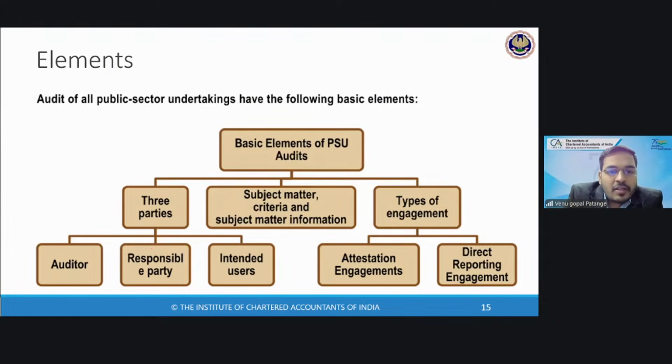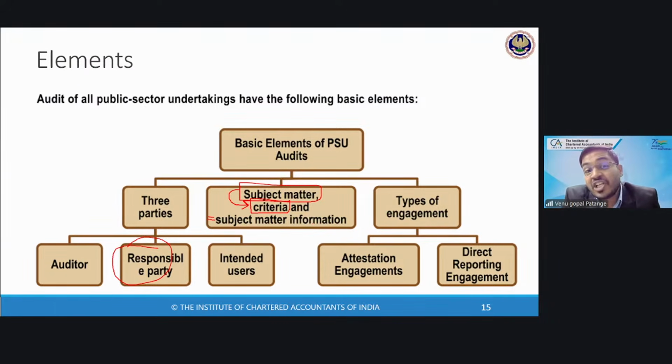right? So management is the responsible party who prepares the financial statements as per the financial reporting framework. And once you apply the financial reporting framework, it becomes subject matter information.